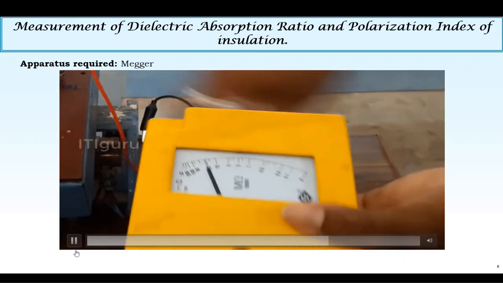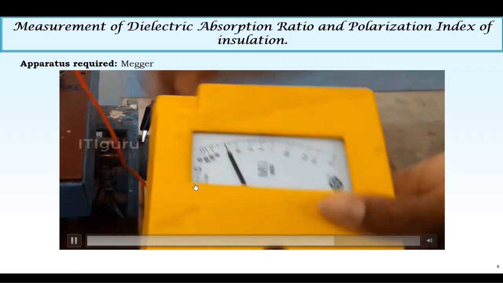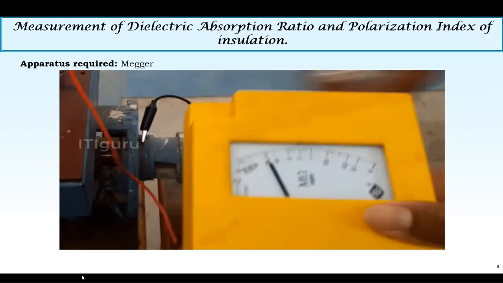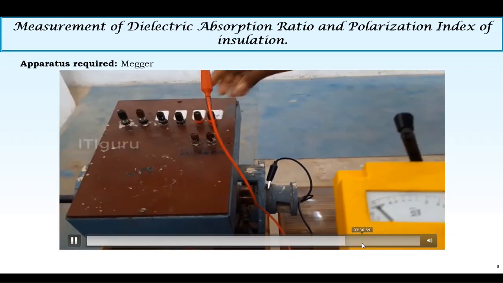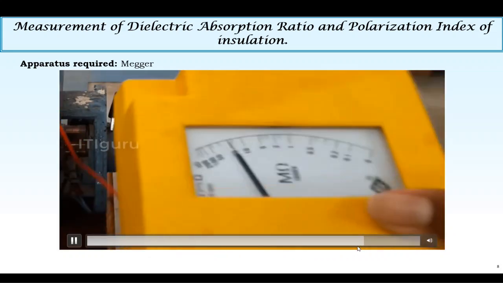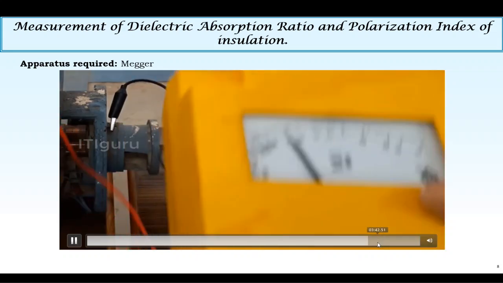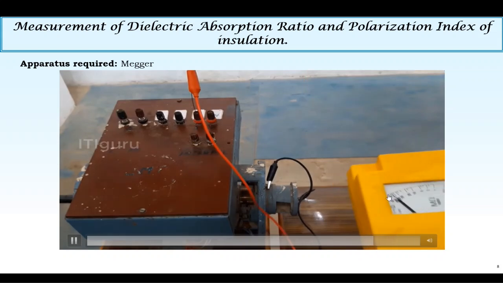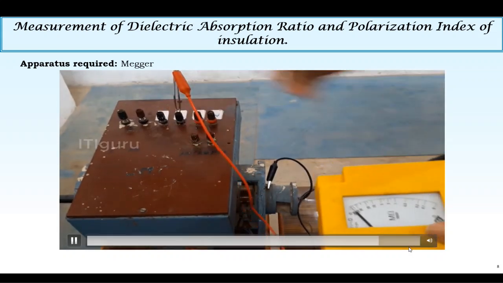Insulation resistance closer to infinity means what? That terminal is not damaged. It shows insulation resistance. Similarly, you can test the second terminal also and rotate the handle. It shows insulation resistance near to infinity, so that terminal is also working.